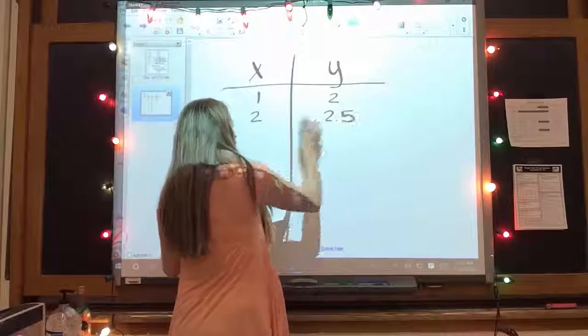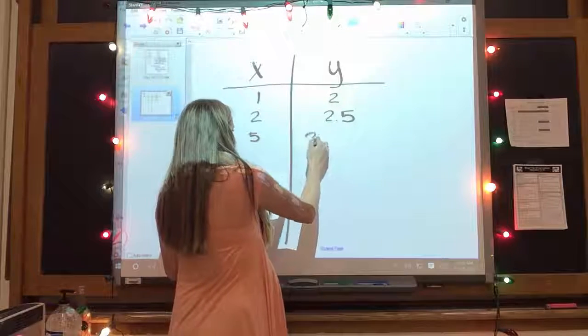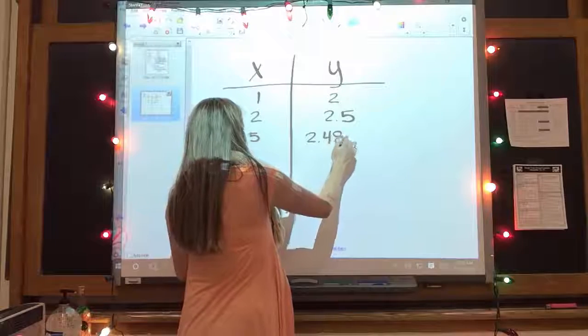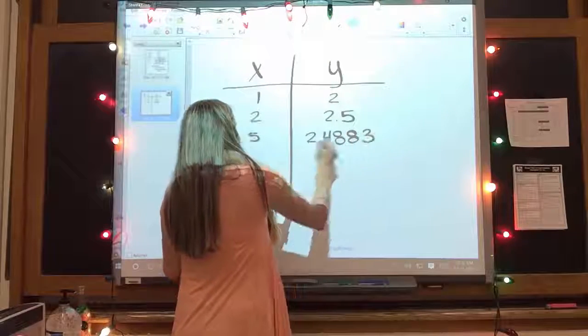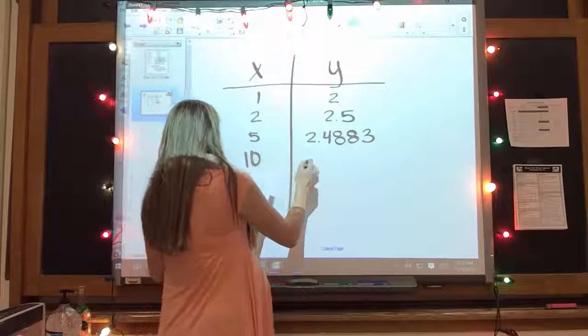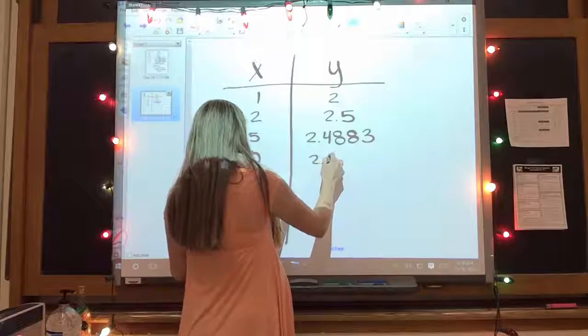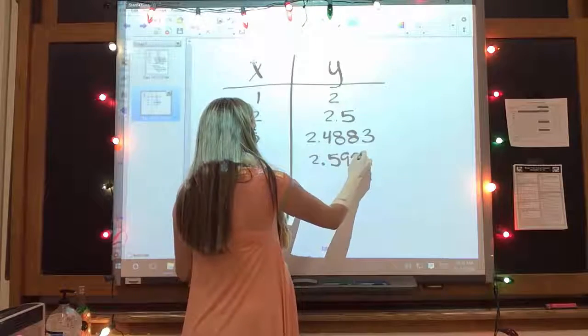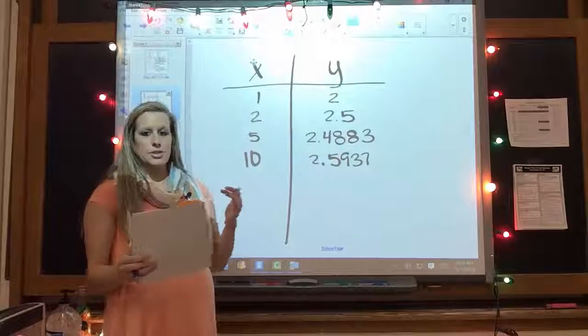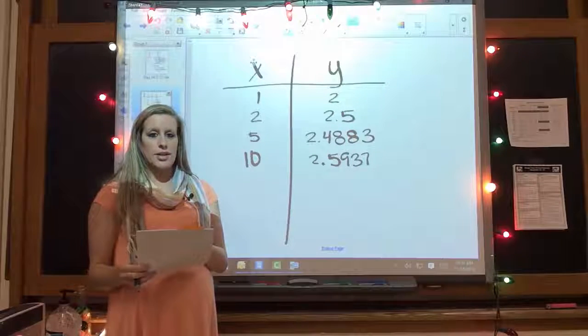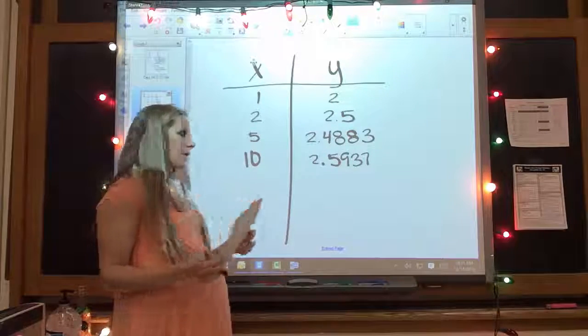When x is 5, my y is 2.4883. When x is 10, if you scroll down, you get 2.5937. Now, if we keep scrolling down to where x is 100, it's going to take us a long time.